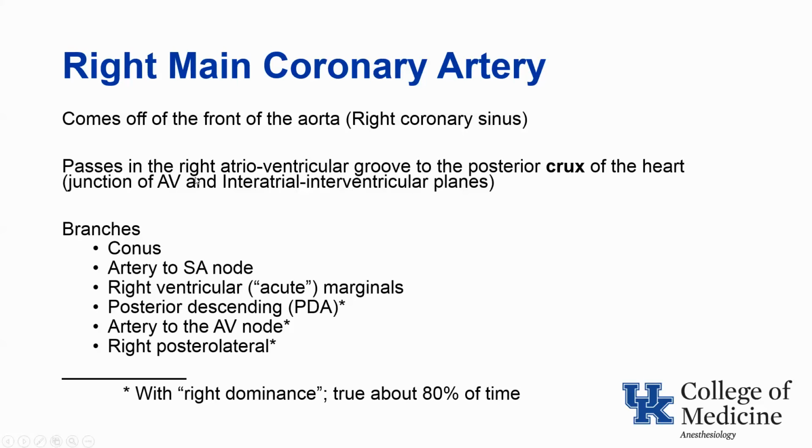The branches of the right are the conus branch to the infundibulum, the artery to the SA node, the arteries to the right ventricle, which are called the right ventricular marginals or the acute marginals, the posterior descending coronary artery, the artery to the AV node, and the posterolateral branches to the left ventricle.